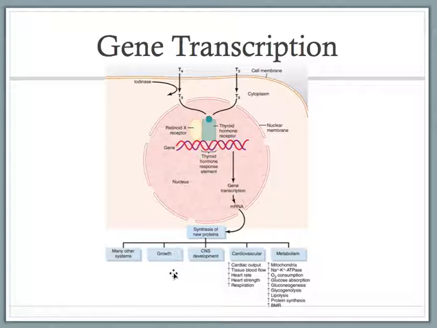If there's inadequate thyroid hormone, there's a disease that's associated from that called cretinism, where there is abnormal long bone development and irreversible brain damage. So you only need it for a very short period of time, but it's critical during that period of time. So it's needed for growth and for the formation of the central nervous system.